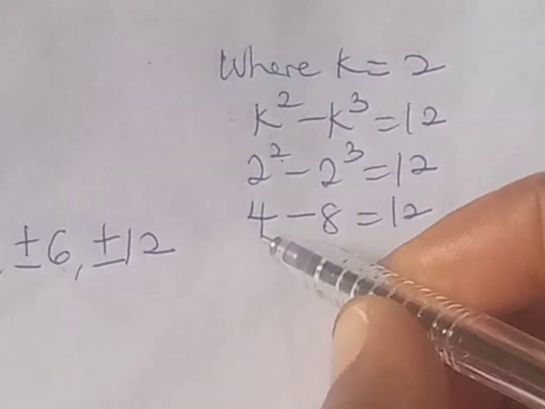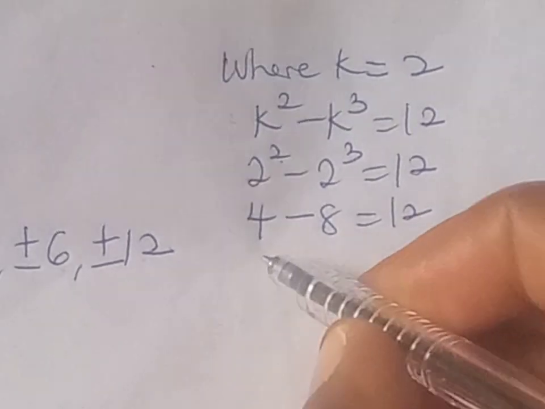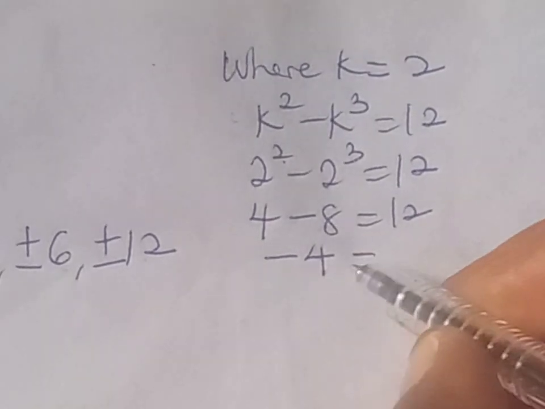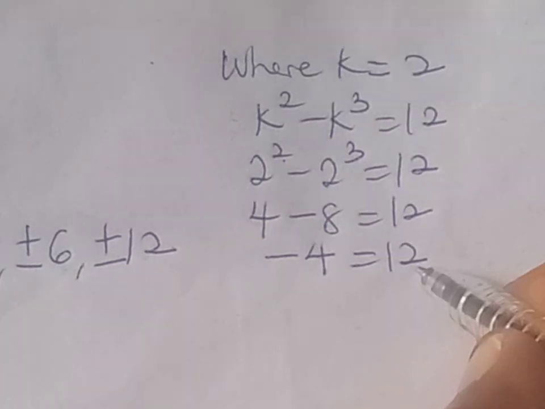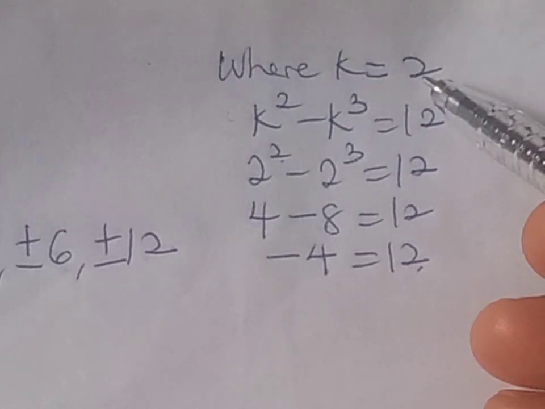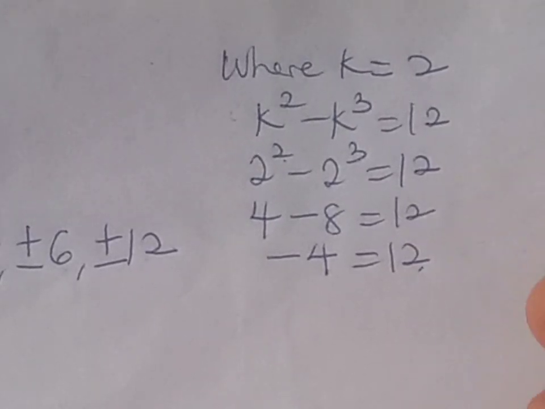Plus 4 minus 8 will give us what? A negative 4. So we have a negative 4 on the left side, and we have a positive 12 on the right side. That means this integer value of 2 does not work for this expression.